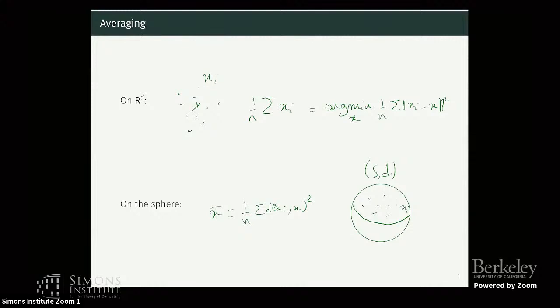Again, this is what is called the Fréchet mean, or the Barycenter of my points, which allows me to define averaging in geodesic spaces or metric spaces.